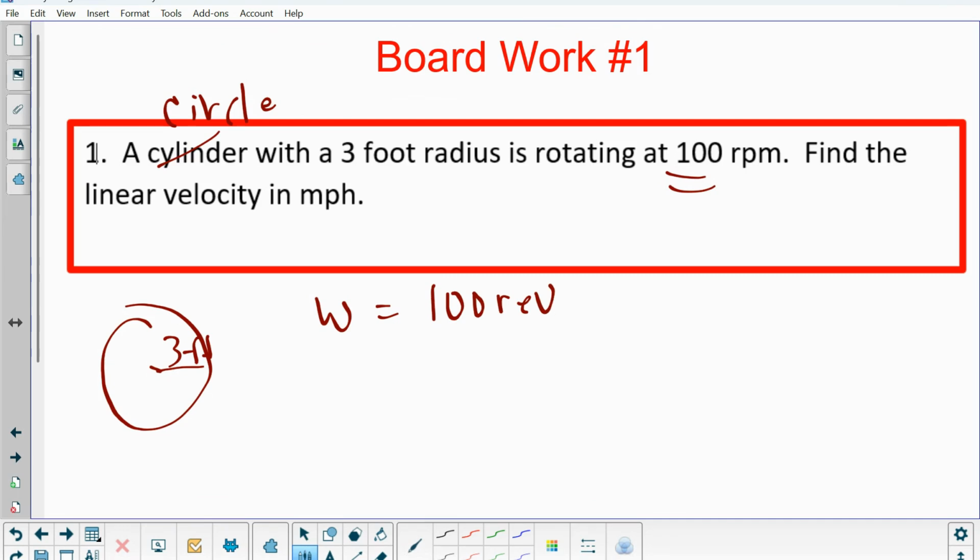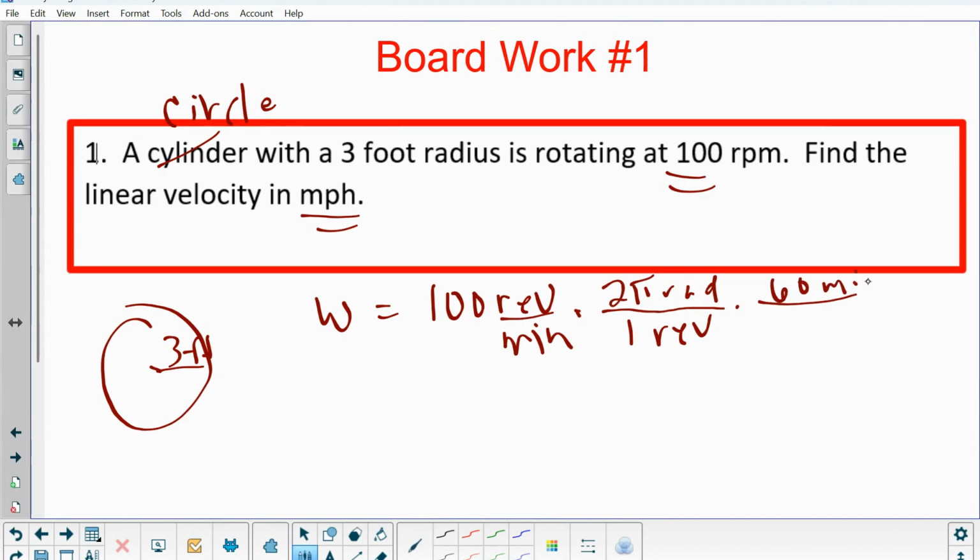100 revolutions per minute. Since I am trying to end in miles per hour, I'm going to have to turn this into radians. I'm also going to have to turn it into hours. So I'm going to turn this angular velocity into radians. So I know I have 2 pi radians in 1 revolution. And I know I have 60 minutes in 1 hour. So the angular velocity changes to 100 times 2 pi times 60.